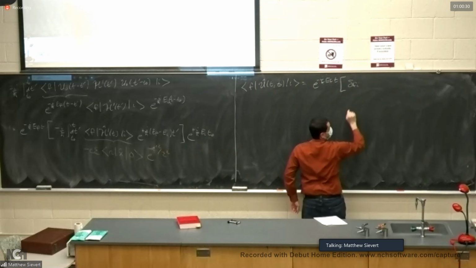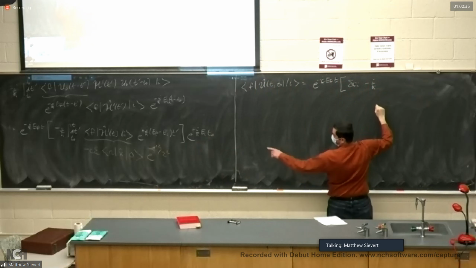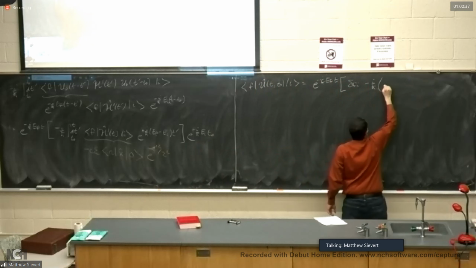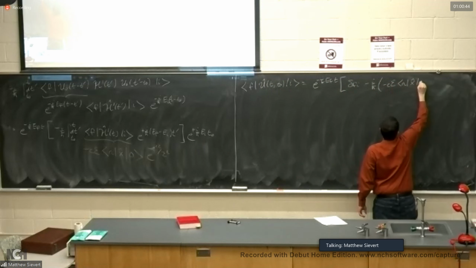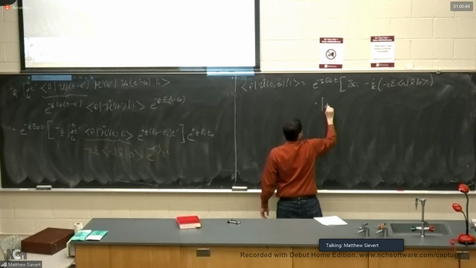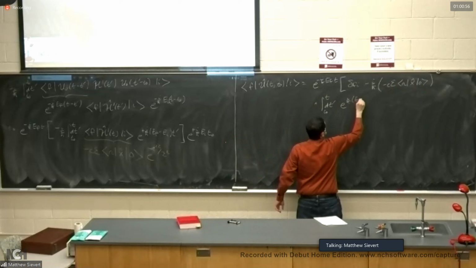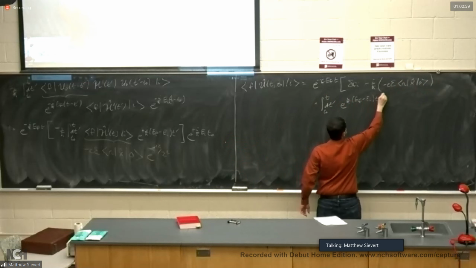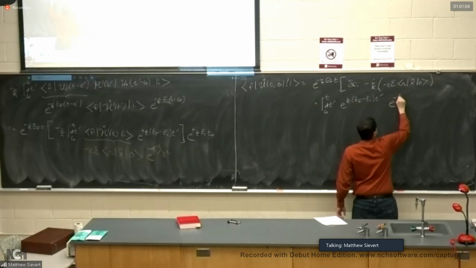I have my delta final initial like always, minus i over h bar, I have a time independent matrix element, minus EE, n x 0, times the integral dt prime from t naught to t, e to the i over h bar, E final minus E initial times t prime, times this time-dependent pulse, e to the minus t prime squared over tau squared.